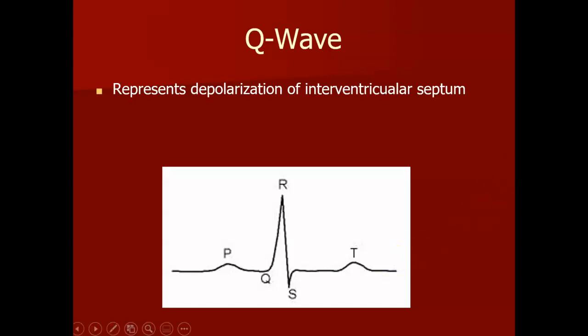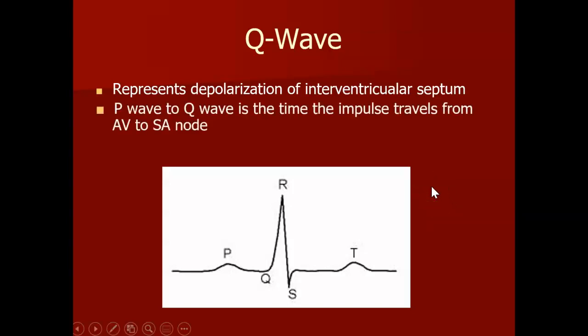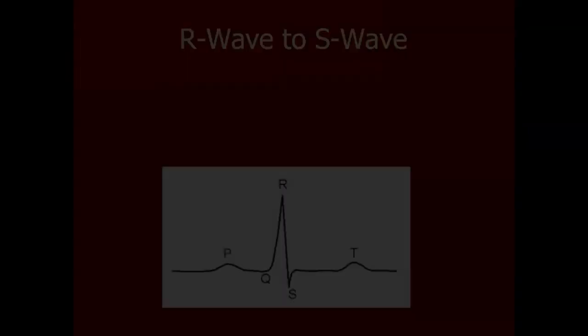So then we get down to the Q wave. The Q wave represents depolarization of the interventricular septum, as those swapping of charges occurs along the septum between the ventricles. And then we get up to the R wave, going back up to the top.